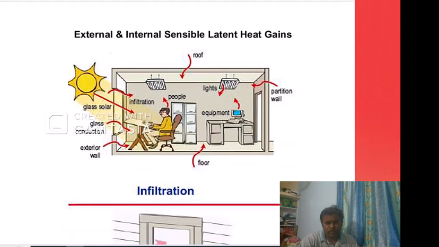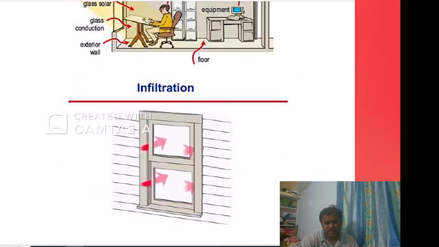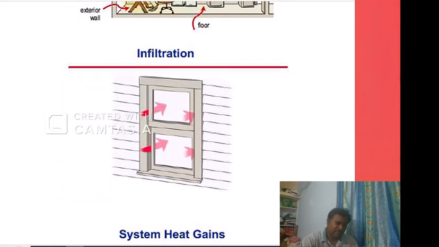Now we can see in the image exactly how infiltration happens. Here you can see there is a window, and in the fitting portion of the window, where two windows are already there, there will be some gap. The gap is just like 1 or 2 mm, where the humid air or hot air passes through the gaps of this window, which is called infiltration.